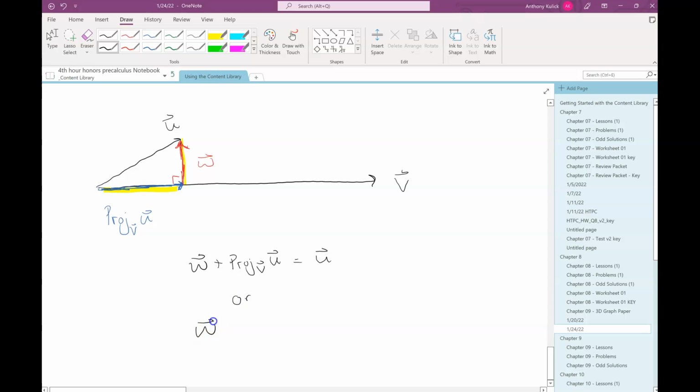Or you could say that vector w is equal to the vector u minus the projection of u onto v. Those are equivalent statements, right? All I did was subtract the projection from both sides to get from the first one to the second one.